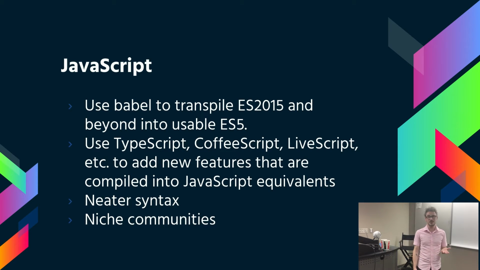A lot of these have neater syntax and a lot of really brand new features. The new JavaScript standard has a lot of things that people have wanted for years and have put into these other languages. For instance, CoffeeScript has this fat arrow that is now in ECMAScript, and people love that thing, and it's been in CoffeeScript for years. It's been in ActionScript for Flash development, and it's just really nice to have those features.